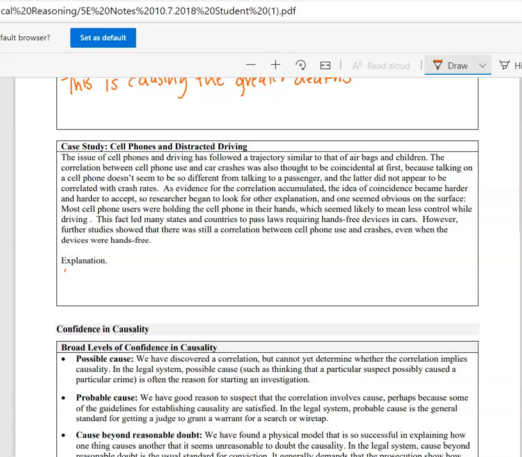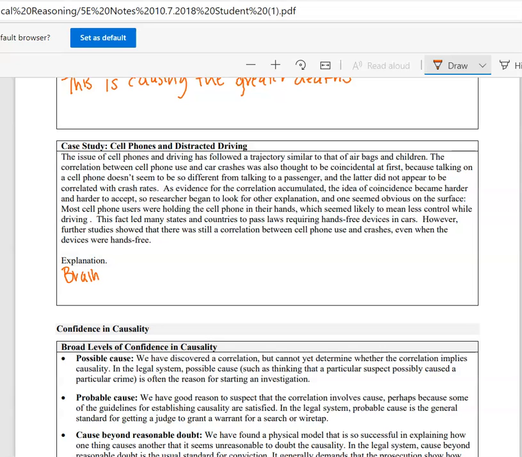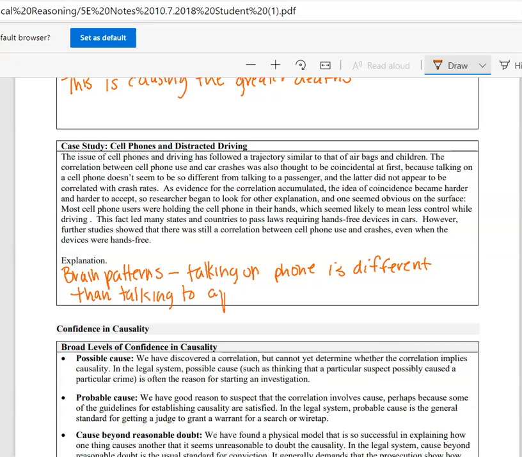So when they looked at the brain patterns, they found that talking on the phone is different than talking to a person in the car.